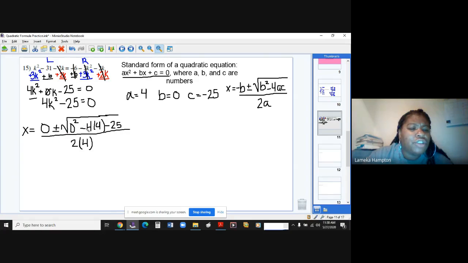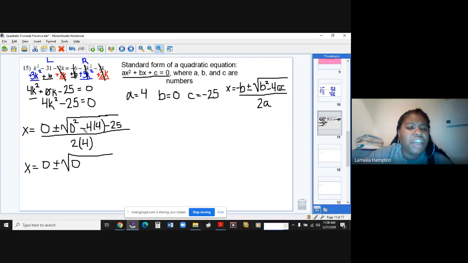All right. So now the goal is for me to get rid of the square root sign, or the radical sign. I'm simply going to go ahead and do that. Okay, so that's 0 plus or minus. 0 squared is 0.